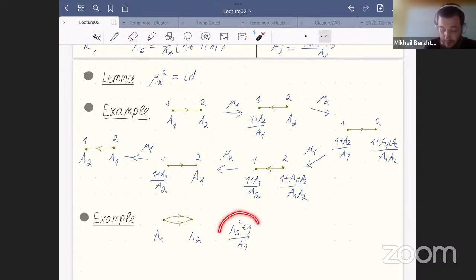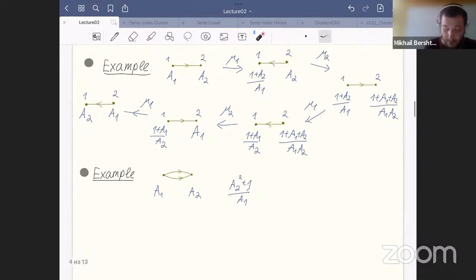We take the square of the variable plus 1 over the previous. So one can think that the variables satisfy the recursion relation z_{k+2} = z_{k+1} squared plus 1 over z_k. Let me recall that this relation was mentioned last week.